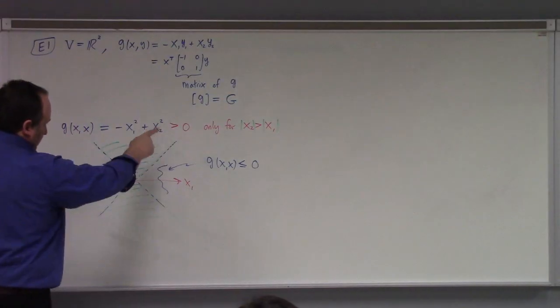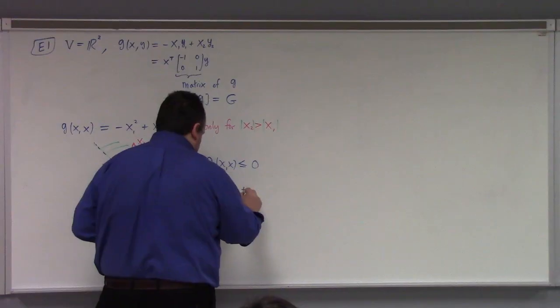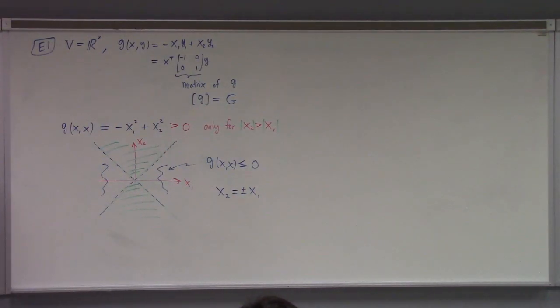In particular, if we're on those lines, if x2 is equal to plus or minus x1, that makes the metric 0.